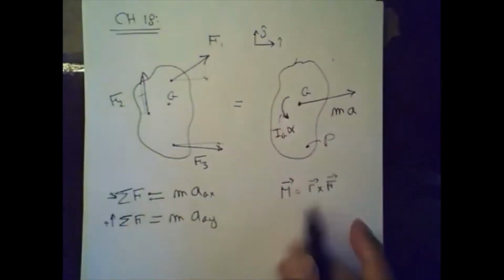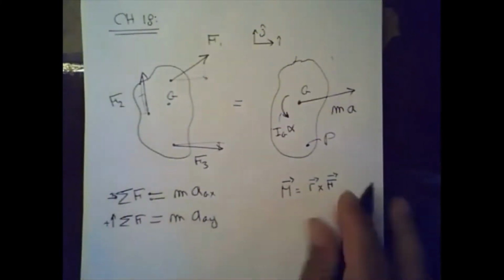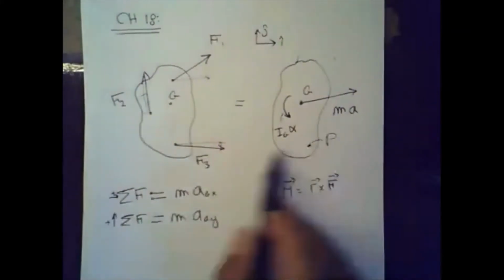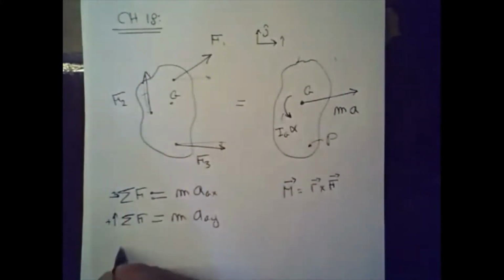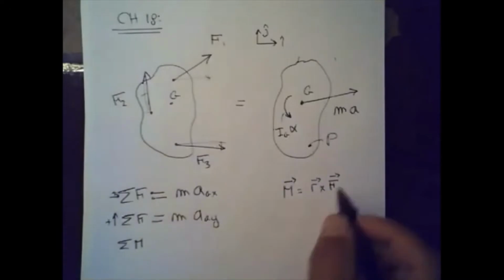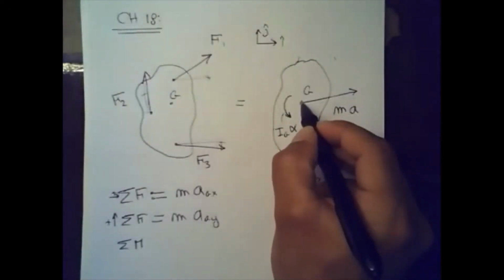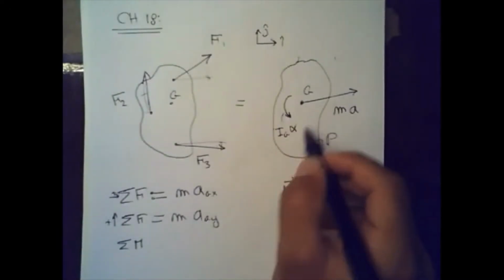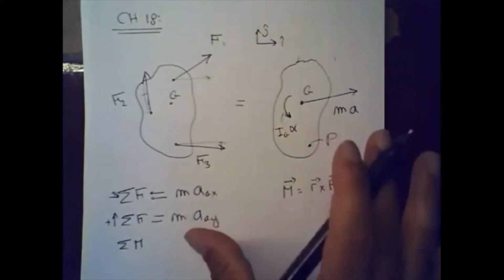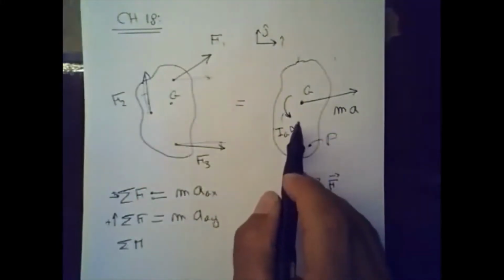Let us try to do this. That equation you can apply about any point on a rigid body. So when I sum the moments, I could sum the moments about the center of gravity, or about any point. But the idea here is that whatever you do on this figure, you have to do on that figure.